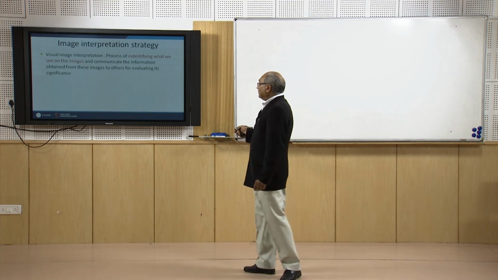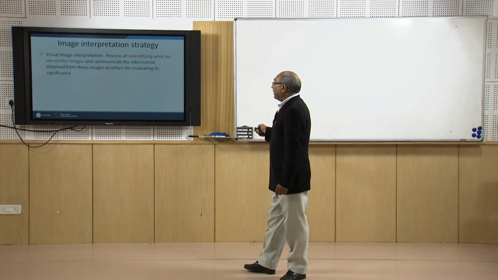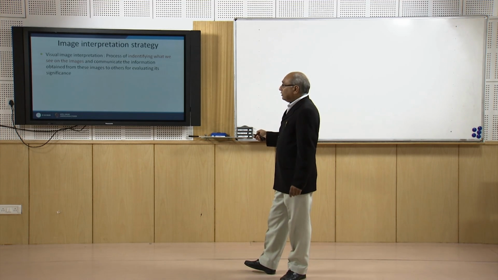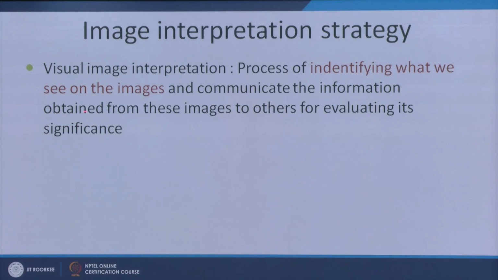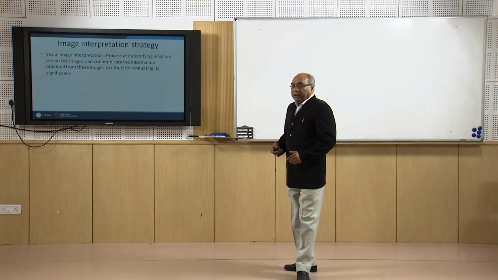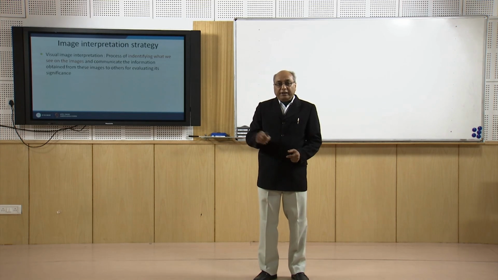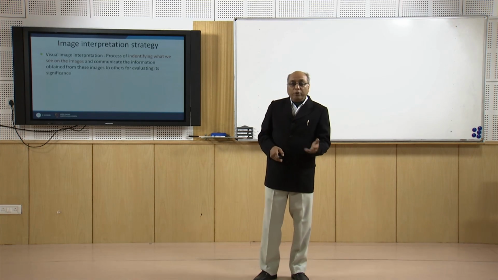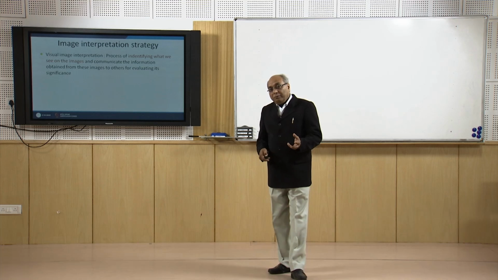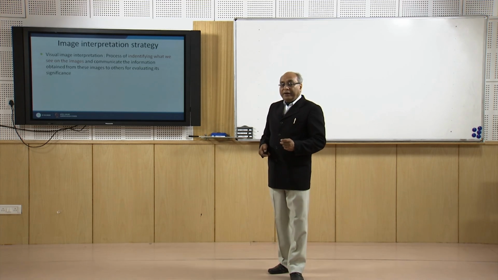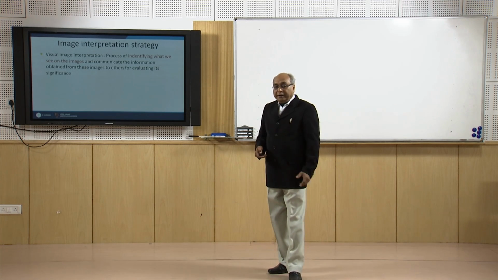Now, visual interpretation is basically the process of identifying what we see on the images and communicating the information obtained from these images to others for evaluating its significance. Manually, earlier we used to put a transparent sheet and demarcate different areas, but nowadays on digital images one can assign different colors and create output maps.